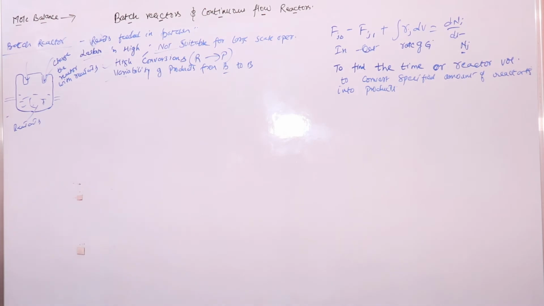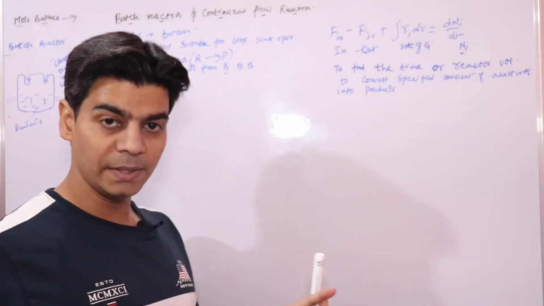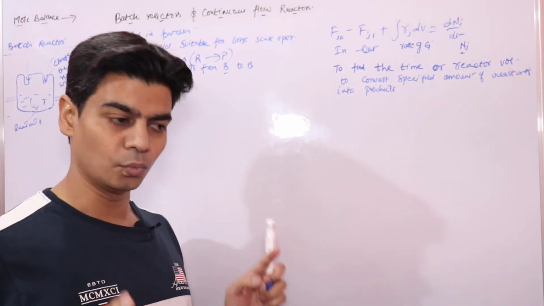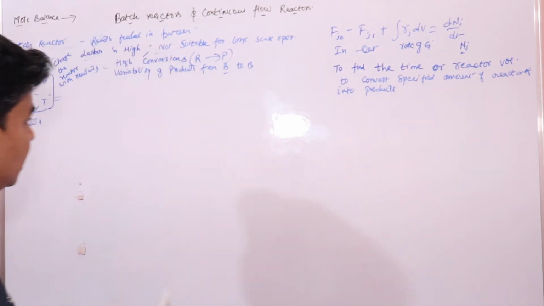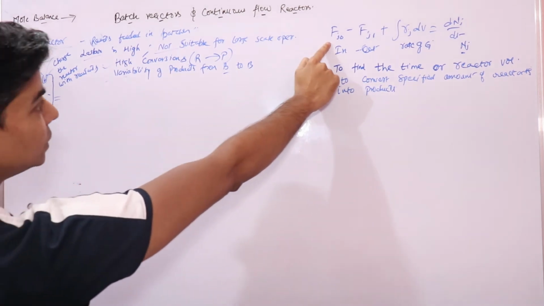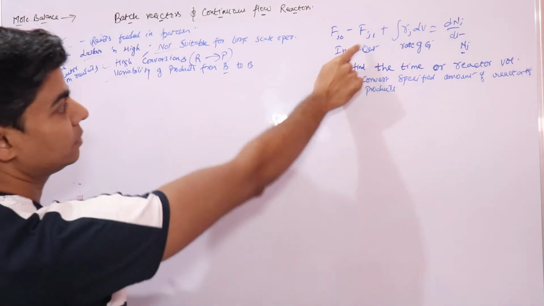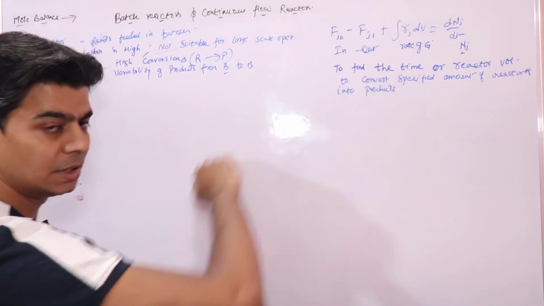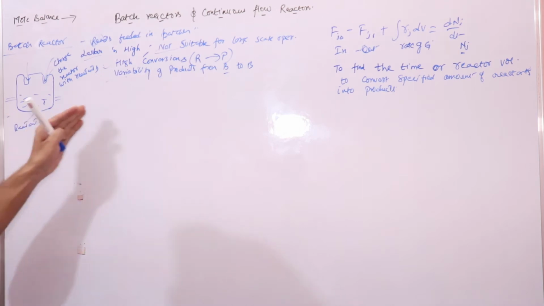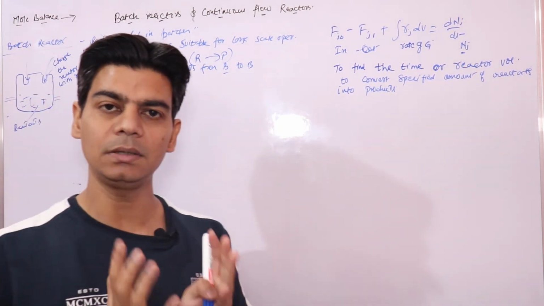One important thing is, this inflow and outflow should be at the time of reaction, when the reaction is occurring in this tank. This Fj and Fj0, basically in and out, means flow in and flow out at the time the reaction is occurring inside the reactor.